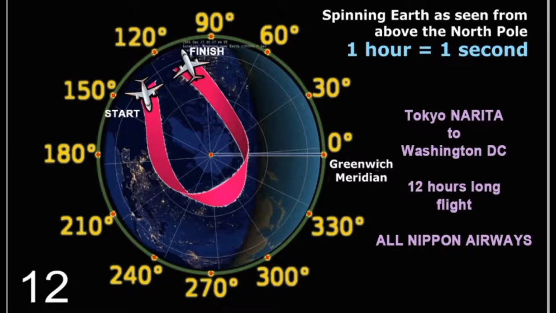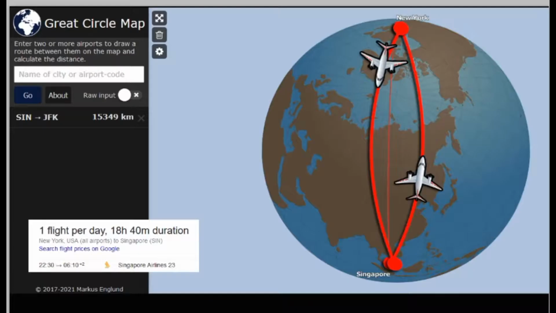Let's go ahead and look at our two final flights. This is our final flight, and we're going to cover both ways. Now, this is a flight from Singapore to New York. It takes 18 hours and 40 minutes, so I rounded up to 19.